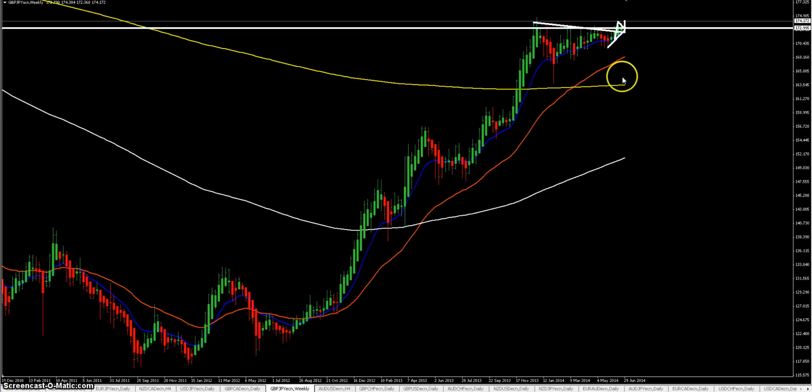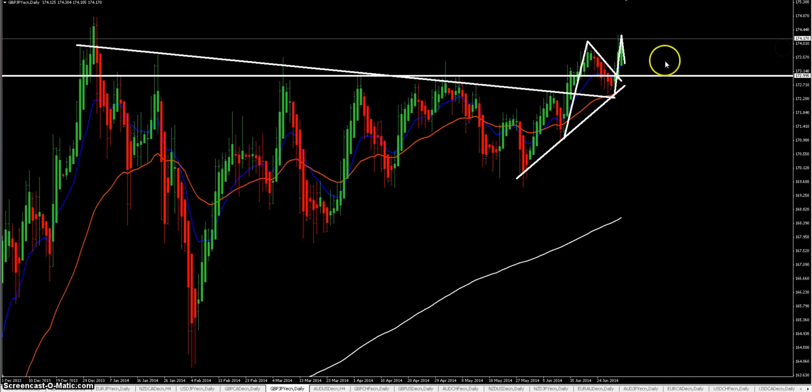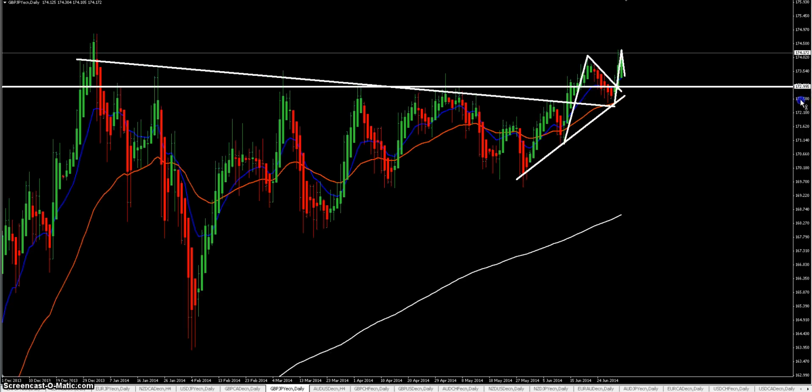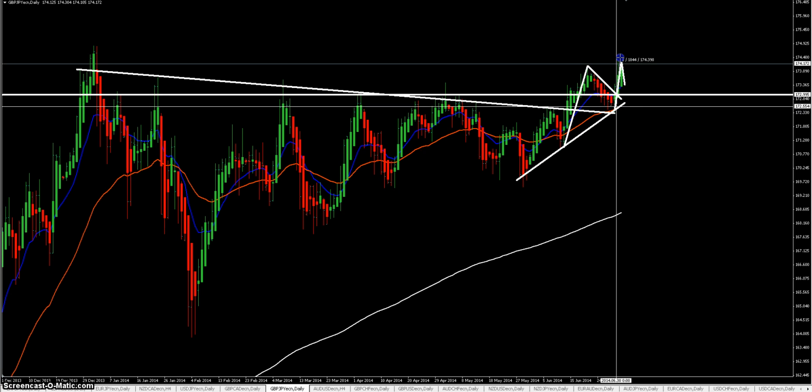Then GBPJPY, on the weekly we have an uptrend, but price broke that resistance trend line, created higher point on the chart. We have a resistance of about 500 pips away. On the daily we had that resistance trend line break, price created higher high, higher low, 3 touches support trend line, price confirmed it already created higher point on the chart.